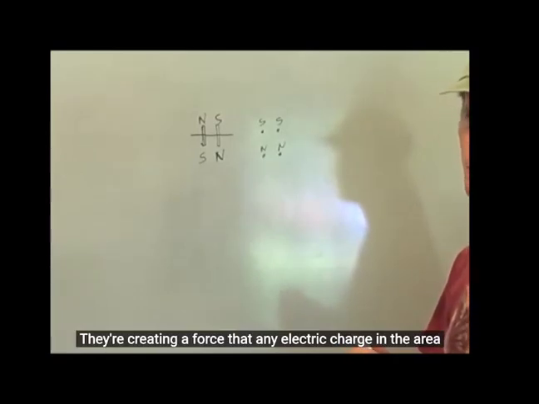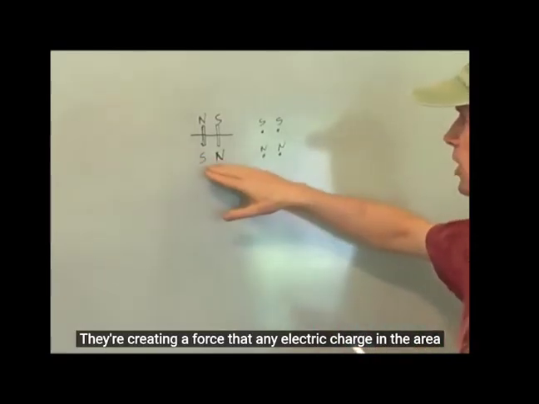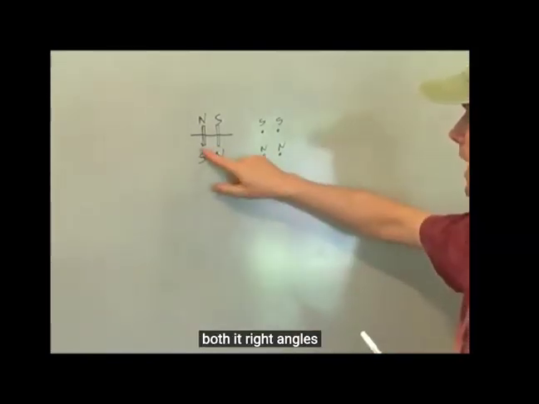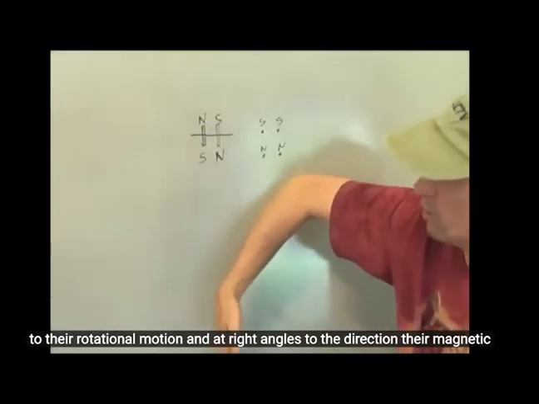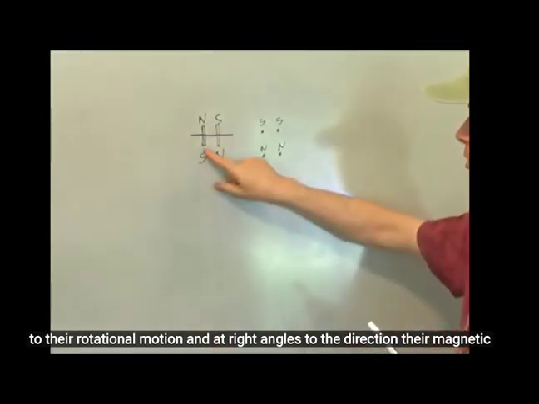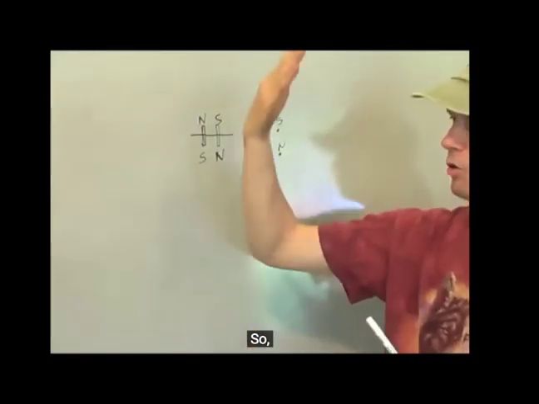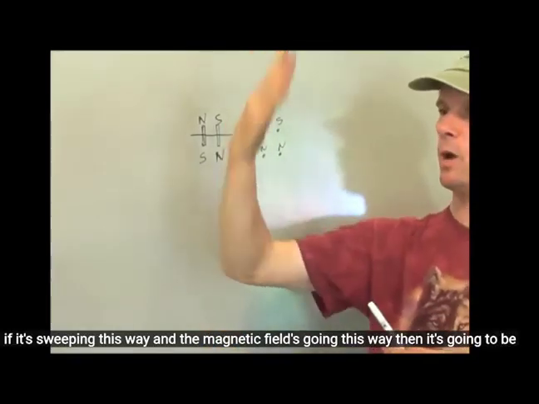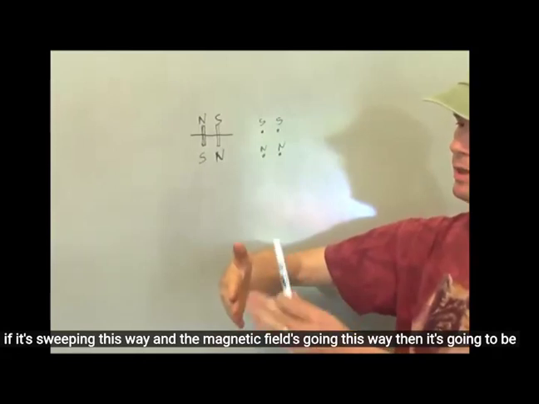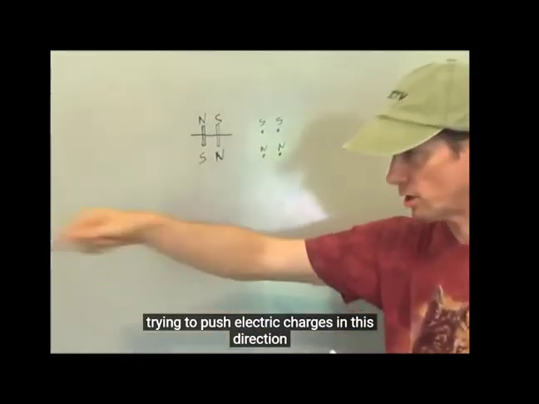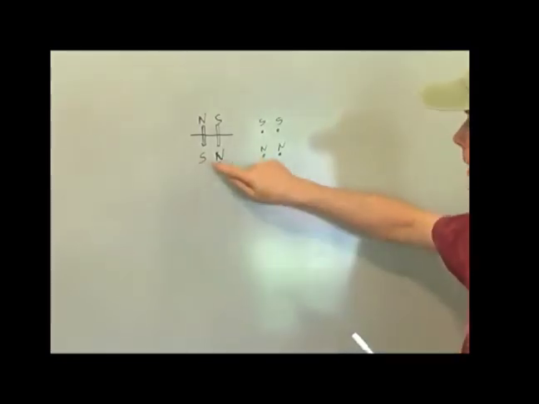They're creating a force such that any electric charge in the area would be pushed in a motion that is both at right angles to their rotational motion and at right angles to the direction their magnetic field is pointing. So if it's sweeping this way and the magnetic field's going this way, then it's going to be trying to push electric charges in this direction.